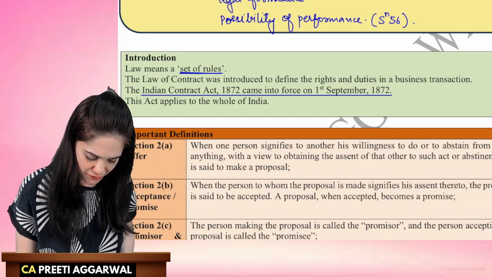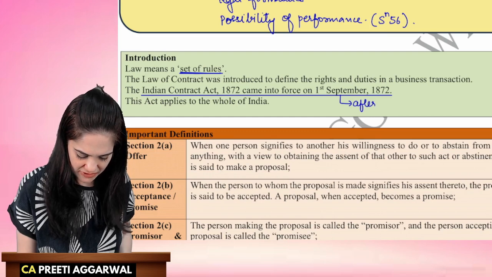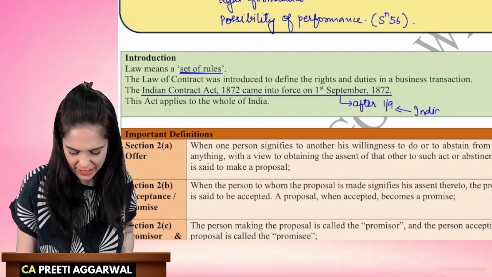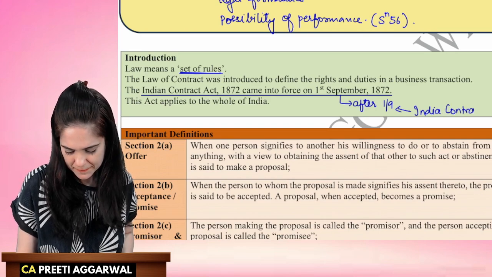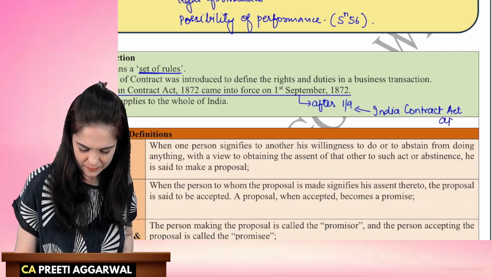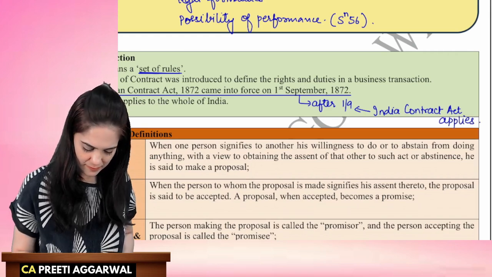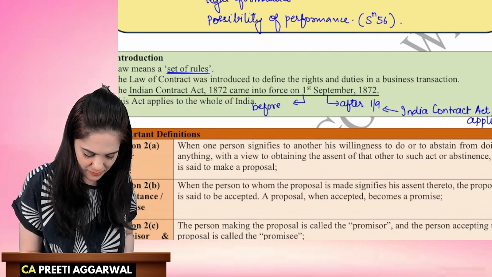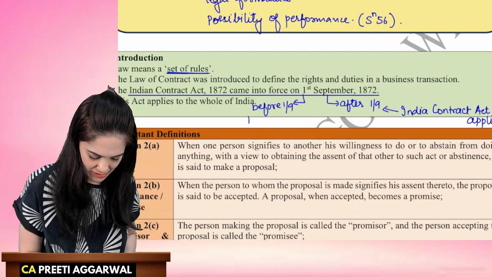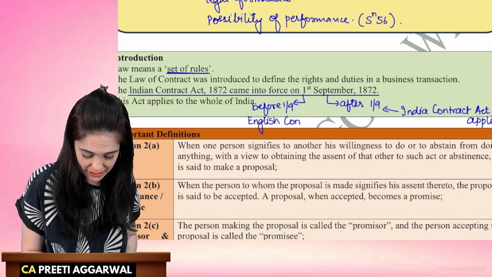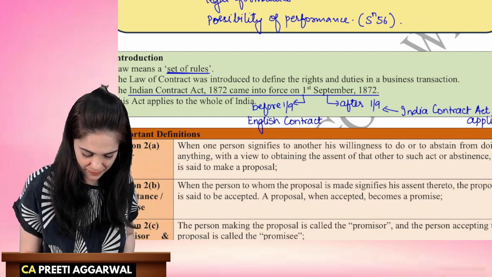So for the contracts entered after 1st September, the Indian Contract Act applies. But what about contracts before 1st September? Then the English Contract Act applies, because at that time we had Britishers in our country.